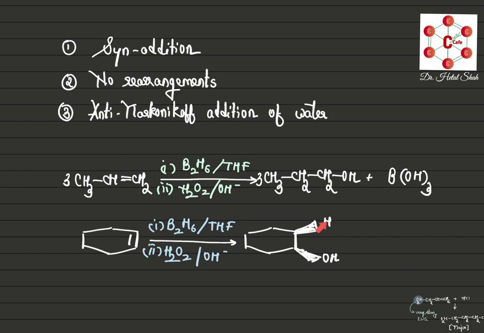This H came from BH3. And where did this OH come from? From H2O2. Finally, from H2O2 as such. So here, you have to remember that H comes from BH3 and OH comes from that system of H2O2 and water.